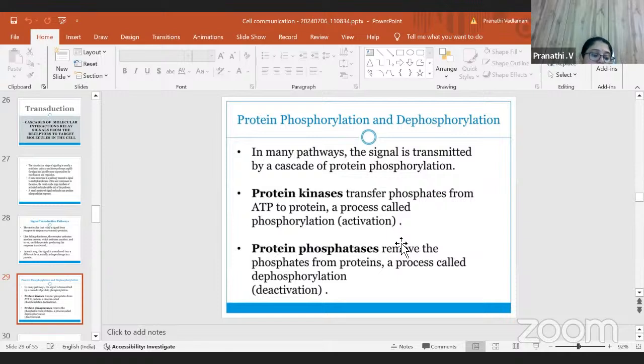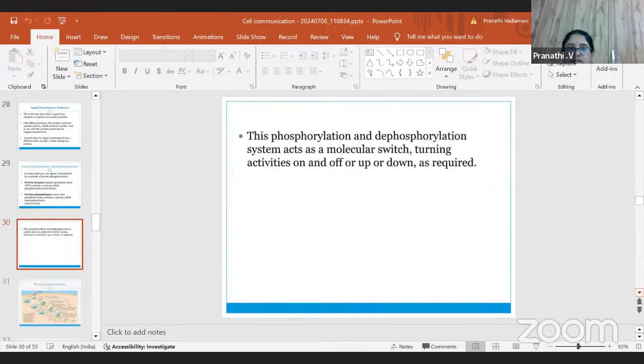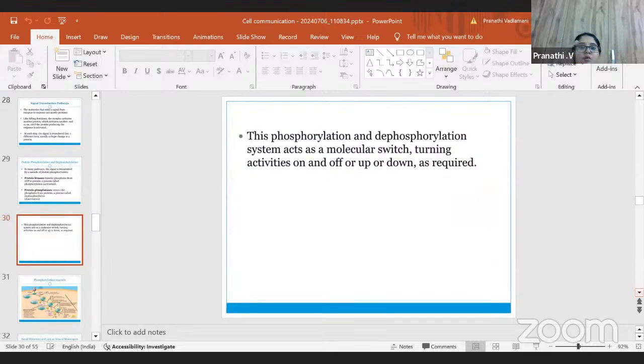In these, the binding of the signaling molecule to the receptor causes receptor dimerization and autophosphorylation. Once the phosphate group is removed from the protein, it gets deactivated, that is dephosphorylation, and it's back to its inactive state. Because of this, that signal has stopped, since no more phosphorylation has occurred.